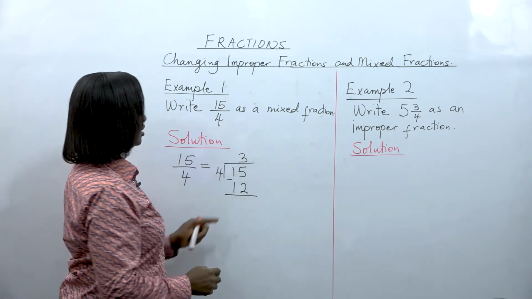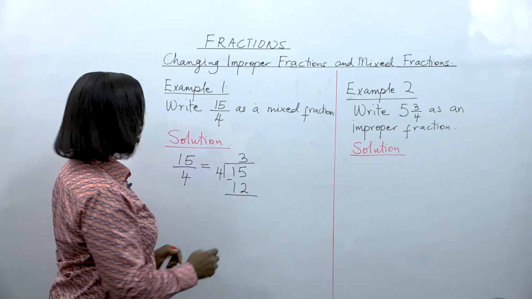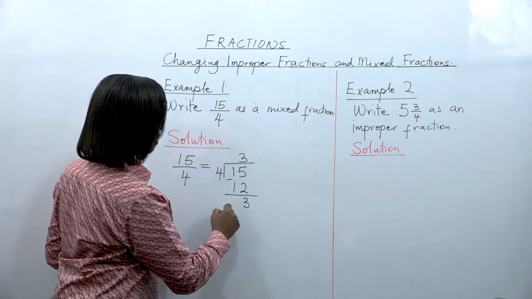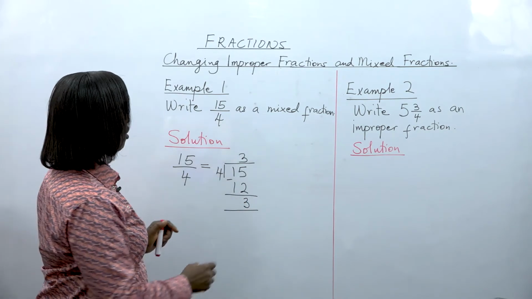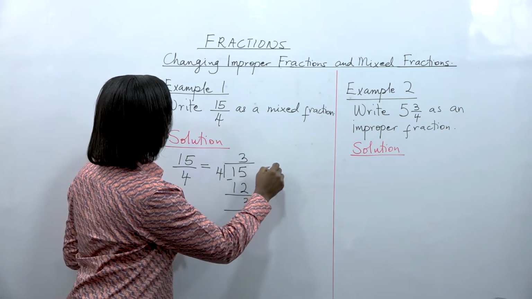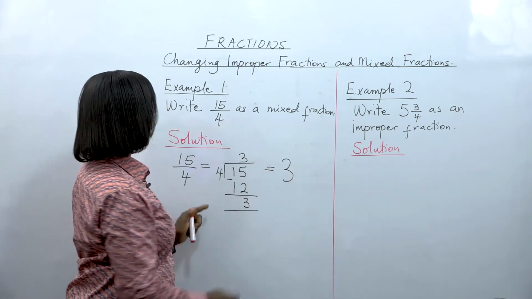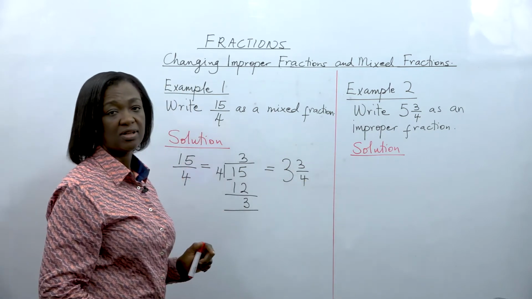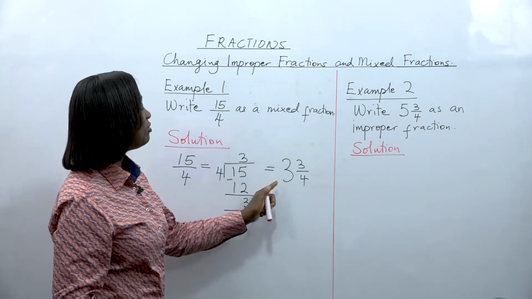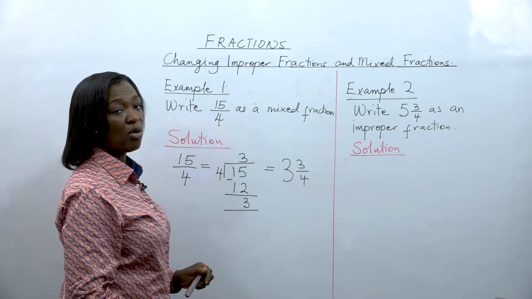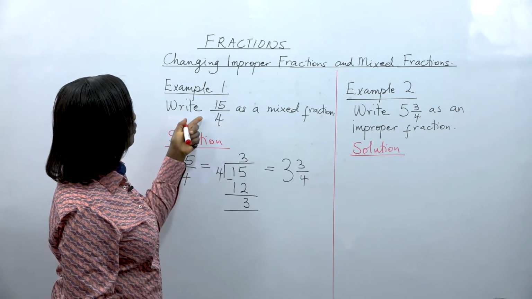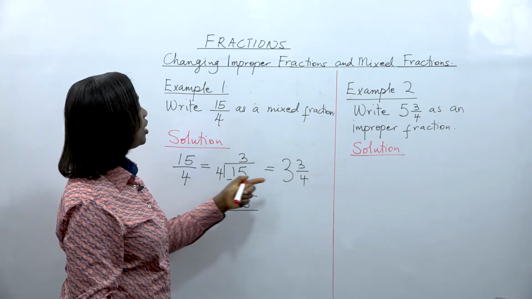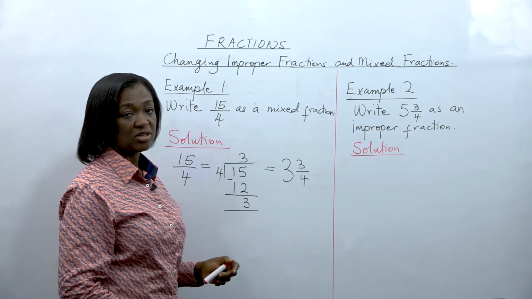You subtract. 15 take away 12 is 3. So 15/4 is equal to 3 wholes and 3/4. So that is 3 whole number, 3/4. We have changed 15/4 to a mixed fraction.